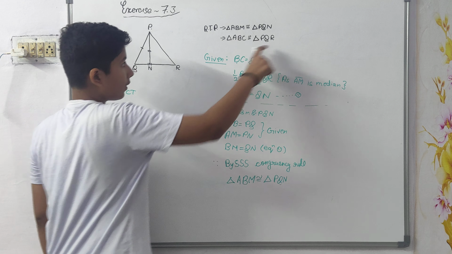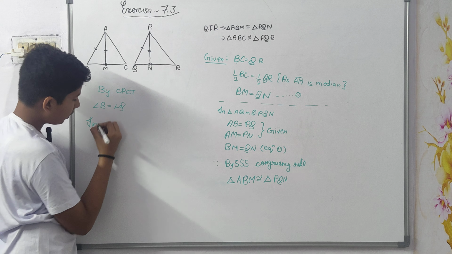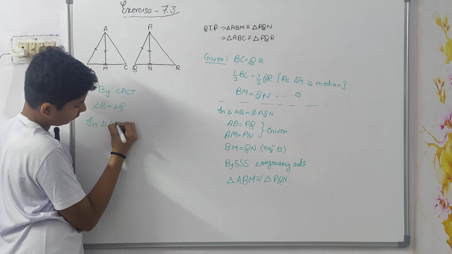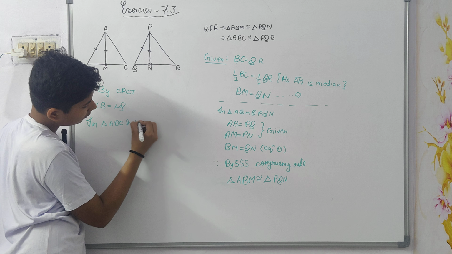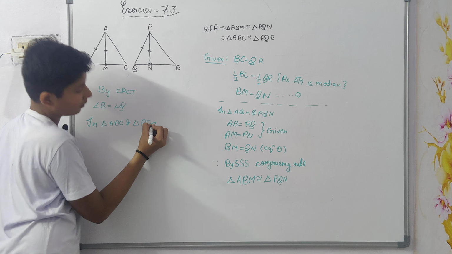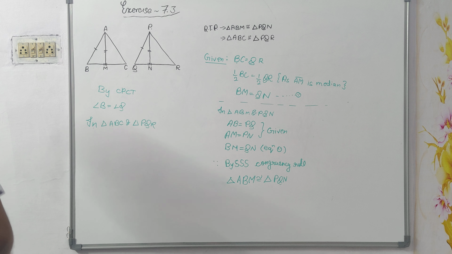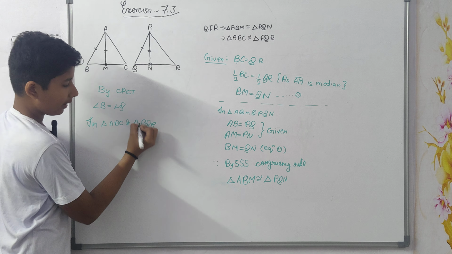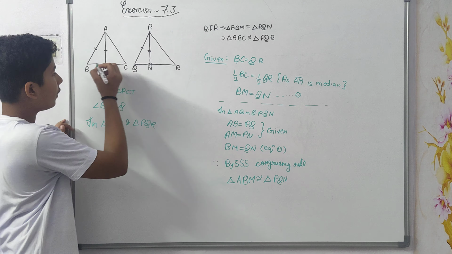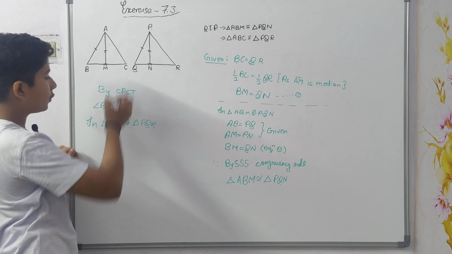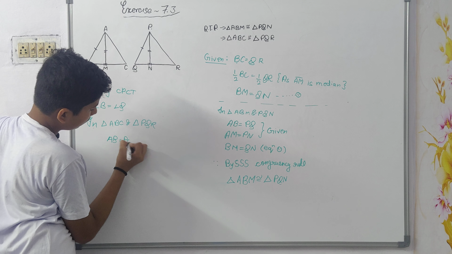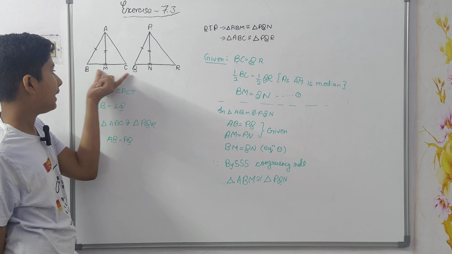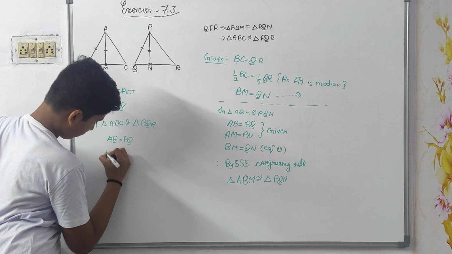Now we take this one in triangle ABC and PQR. Yes, ABC and PQR. First of all, what is given? AB equals PQ. BC equals QR.